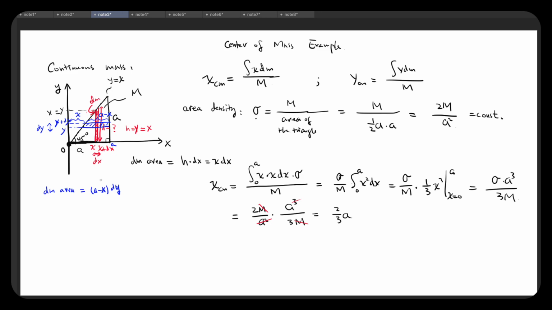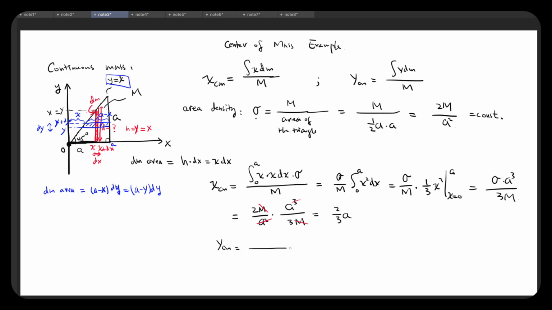But since when we plug it in to do the integral we need a y coordinate, that's why I want to change this x to y: a minus y, dy, since I know the relation y equals x. Okay, all right, so now we have the elements. We can go back to calculate y center mass.